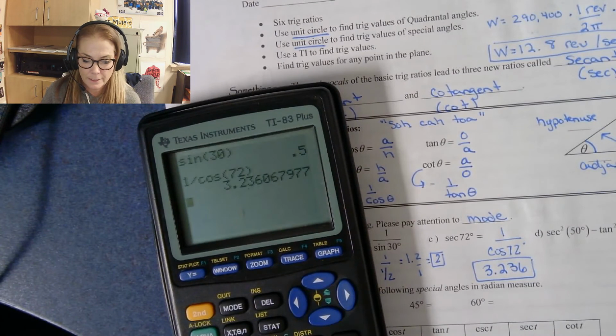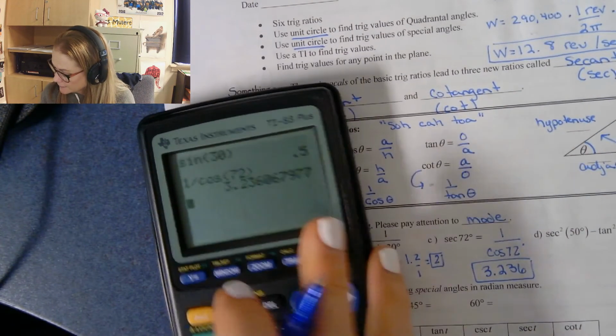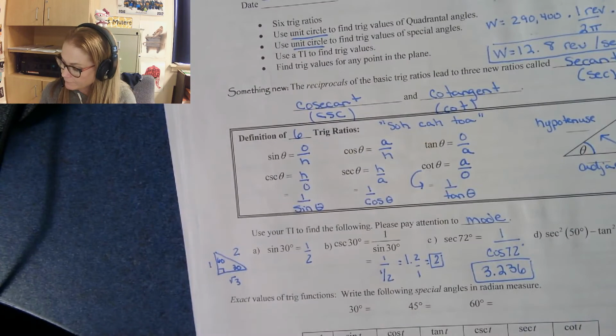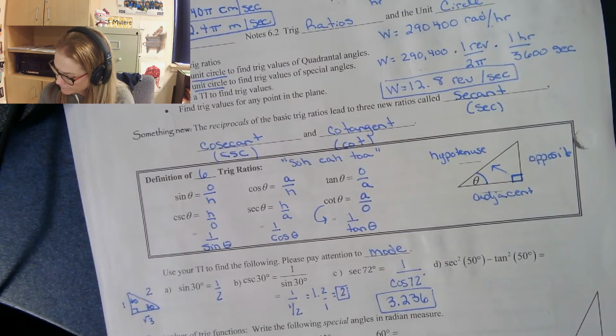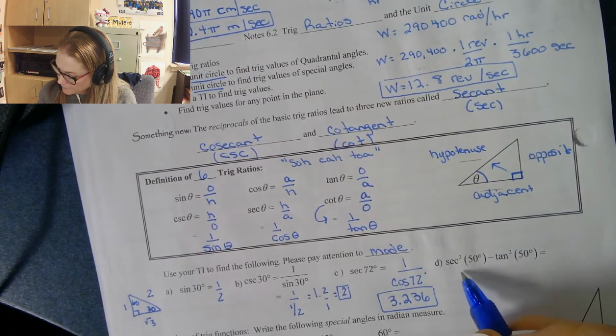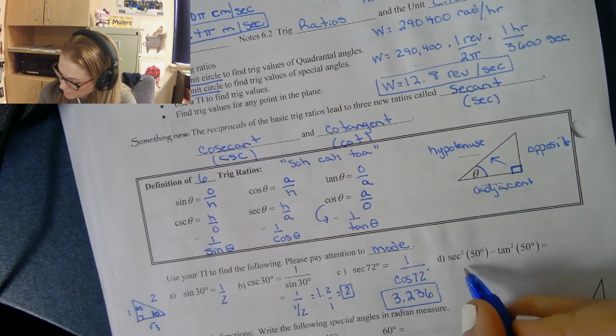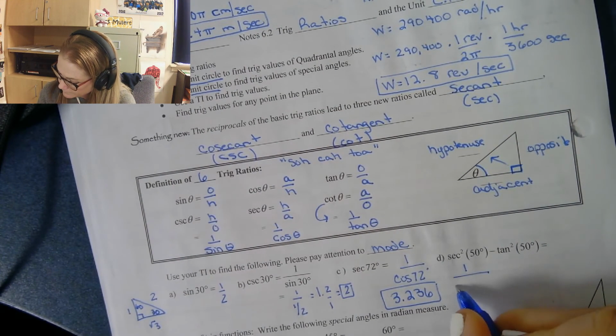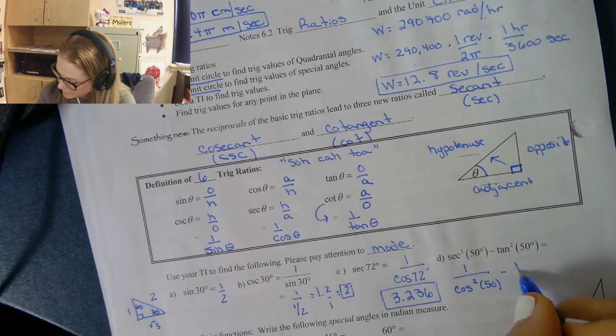Moving right along here, let's go to secant squared of 50 minus tan squared of 50. Okay. So secant goes with, again, cosine. And then tangent is just tangent.